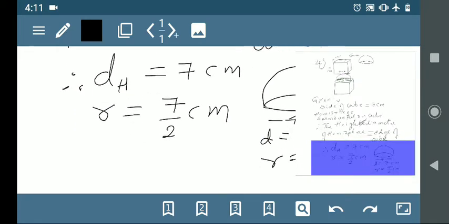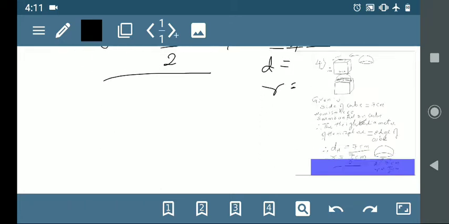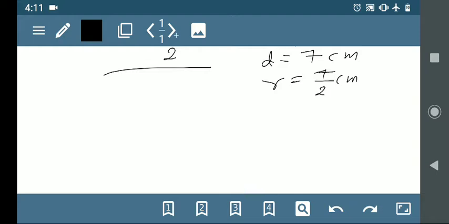So diameter of the hemisphere is 7 centimeter, its radius is 7 by 2 centimeter. Now total surface area of the solid.